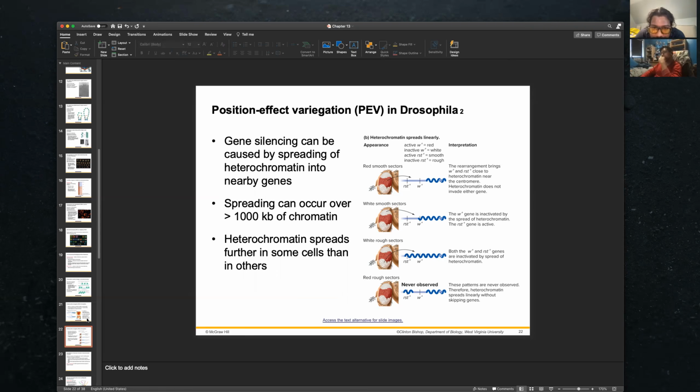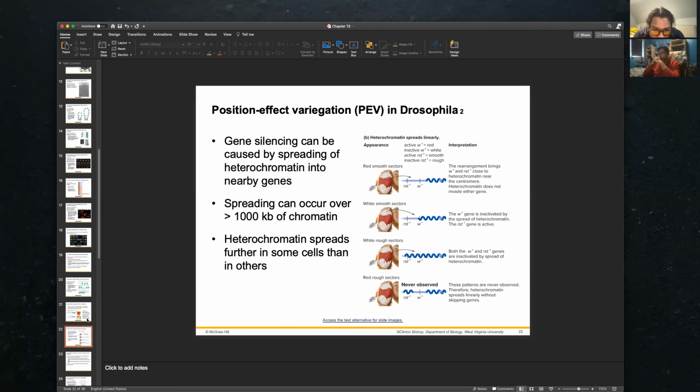In the white smooth sectors, the white gene is in the heterochromatin, so it gets silenced, but the RST gene is still active. In the white rough sectors, both genes get reached by the heterochromatin, so they both get silenced.